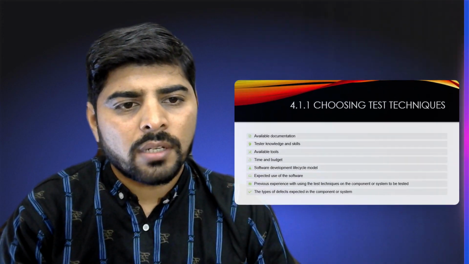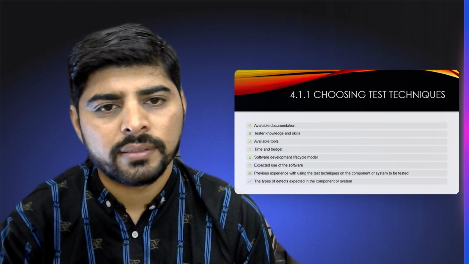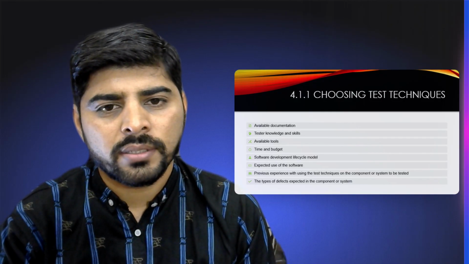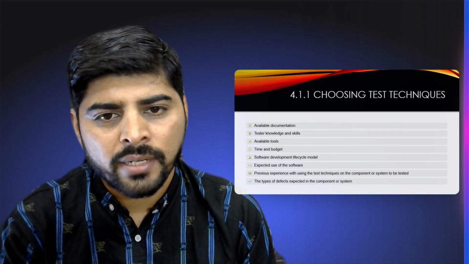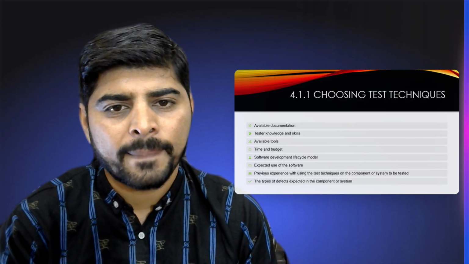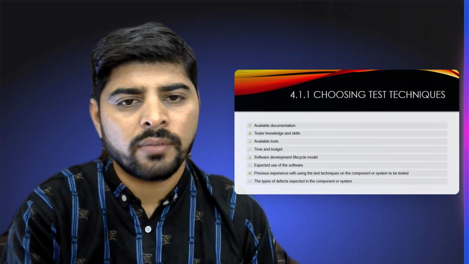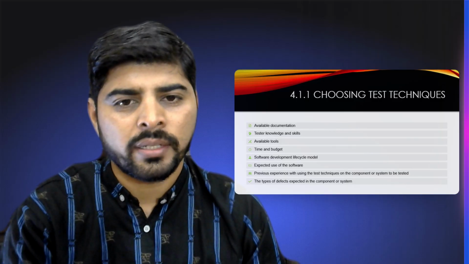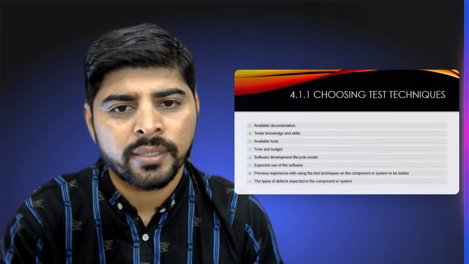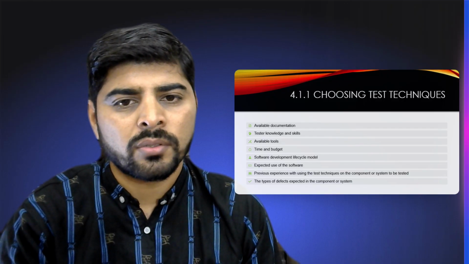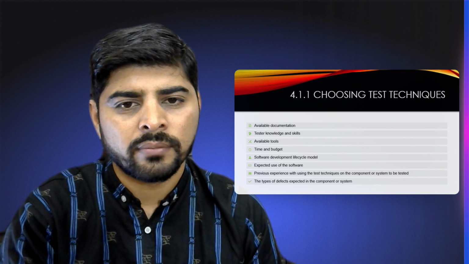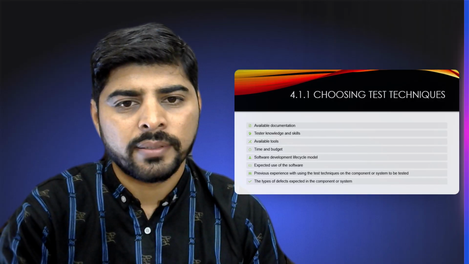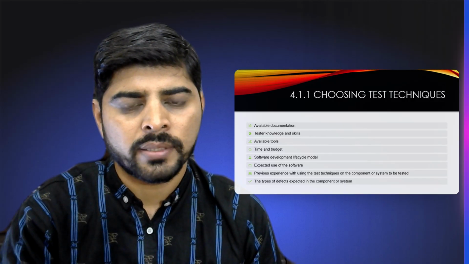Choosing the right techniques by understanding these factors is very important because it depends on available documentation, tester knowledge, and skill set. If the tester is more skillful and knowledgeable, they can combine all the techniques and identify more bugs in the work product. It also depends on available tools. If they have different tools available and experience with them, they will be able to identify more bugs quickly.